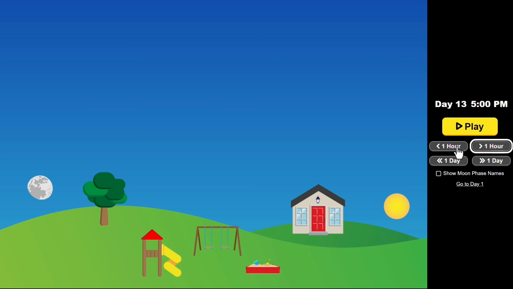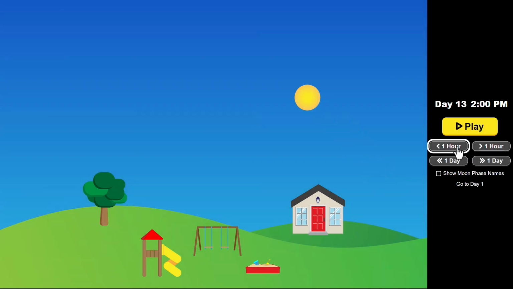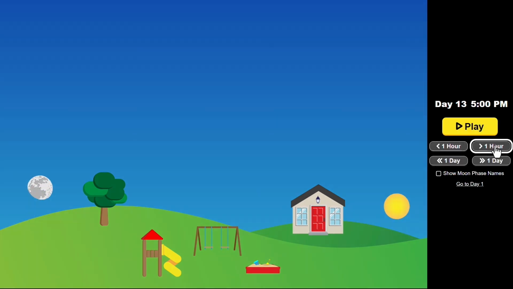So 5 p.m. If it was 2 p.m., the moon would not have risen. If it was 3 p.m., the moon would still not have risen. But now, around 4 p.m., the moon is slowly rising. And around 5 p.m., the moon is up there.